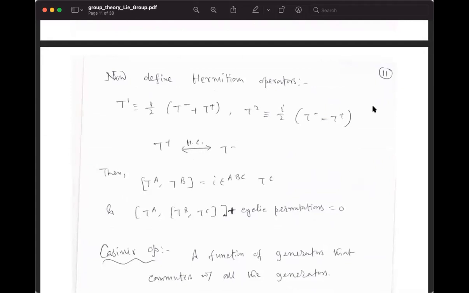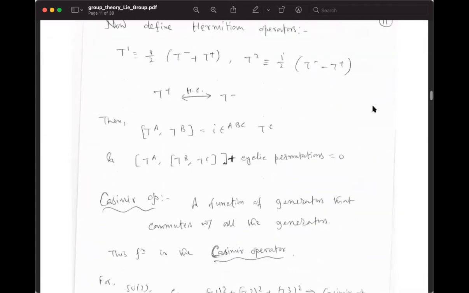You see that T1 and T2 are self-Hermitian conjugate, which implies that T plus and T minus are related to each other by Hermitian conjugation. Okay. So then [Ta, Tb] is basically i epsilon abc Tc, where a, b, c each run from 1 to 3. And as you know, they satisfy the Jacobi identity, so the commutators of Ta, Tb, Tc and their cyclic permutations will be 0.